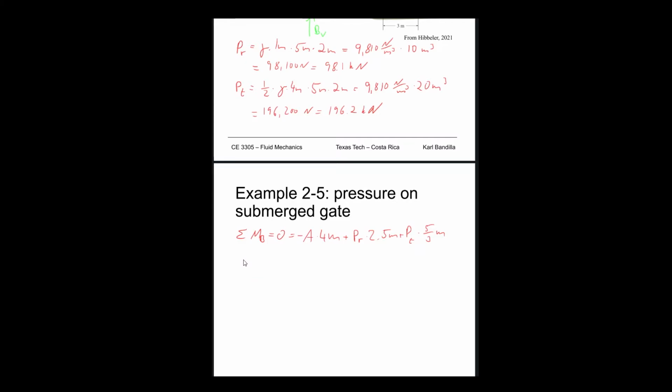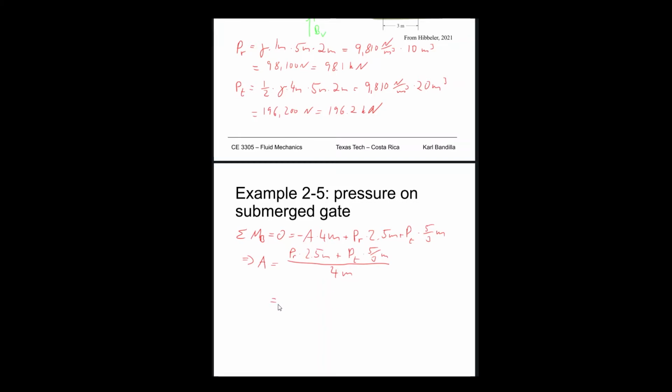All right, so we're looking for A, so we can solve this for A. We bring A on the other side and then divide by 4 meters. So we'd have PR times 2.5 meters plus PT times 5/3 meters, divided by 4 meters.